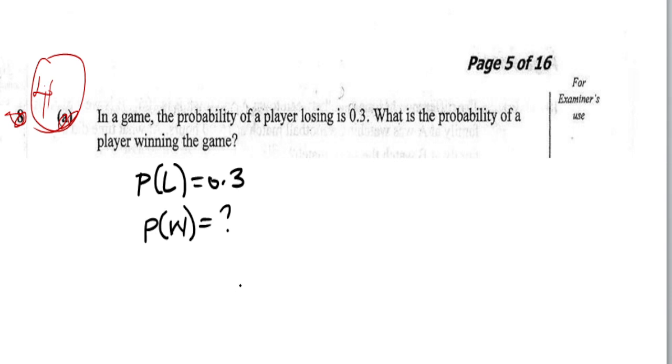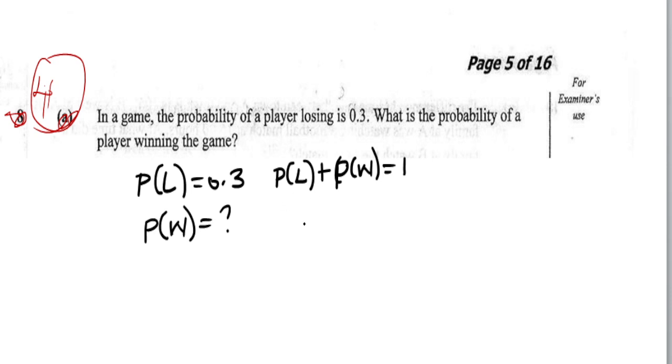So what do you know about probability? If we say the probability of losing a game plus the probability of winning a game, the total probability will be 1. If you add all the probabilities, the total should be 1. The highest number in probability is 1 and the lowest is 0.